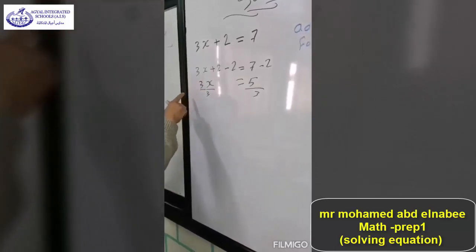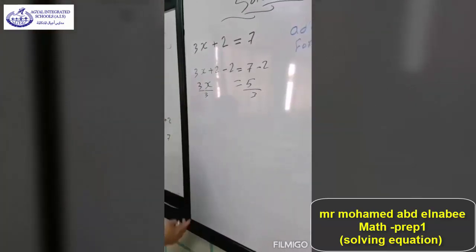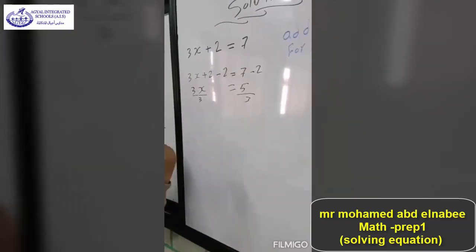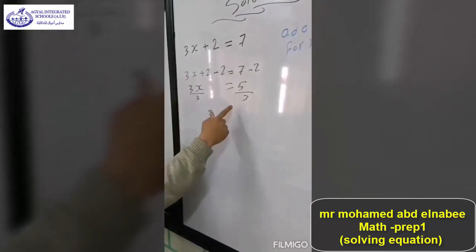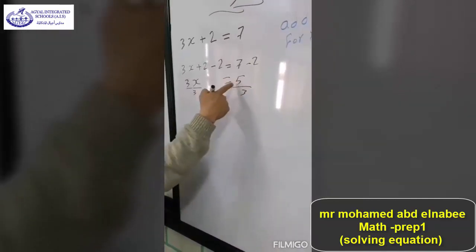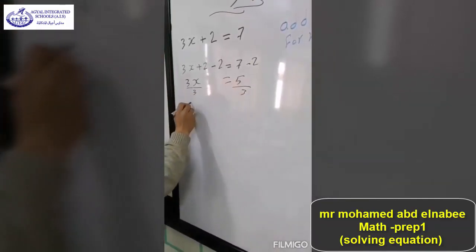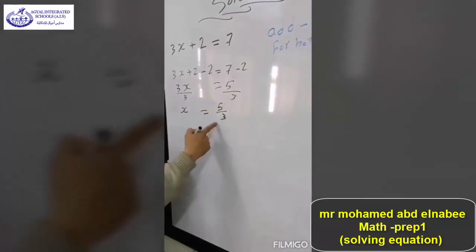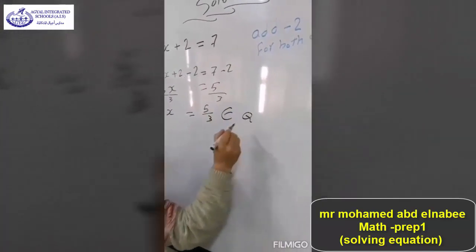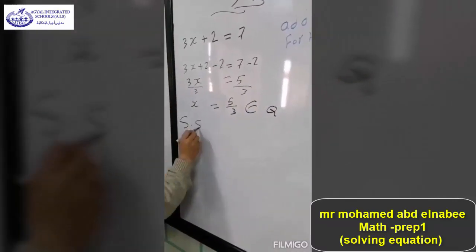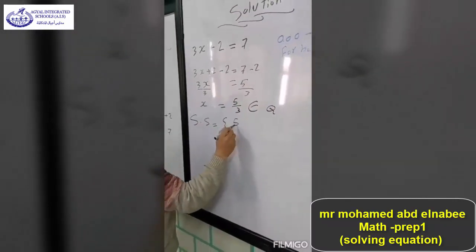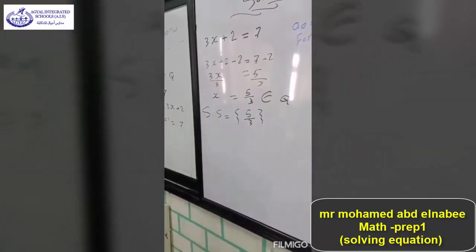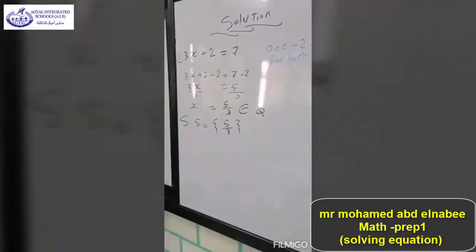For 2x divide by 2. For 1x divide by 1. But we don't divide by 1 because we need to find 1x. 3x over 3 equals 5 over 3. 3 cancels with 3. x equals 5 over 3. Does this belong to Q? Yes. So the SS of this problem is 5 over 3. This is the second method of solution.